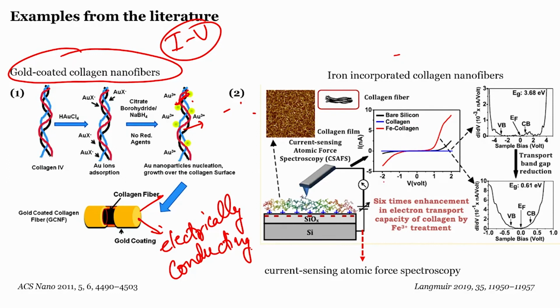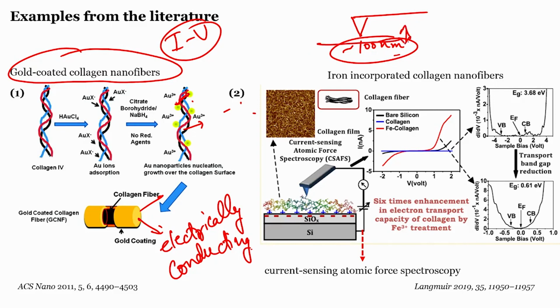When they compared, they used a kind of current sensing atomic force spectroscopy, which means there is a very small tip. By very small, this tip diameter would be around hundreds of nanometer or maybe less than that. With this, they bring it to the surface very close.